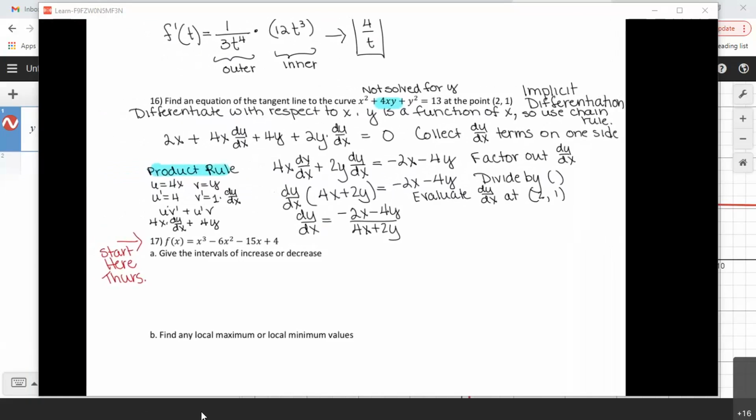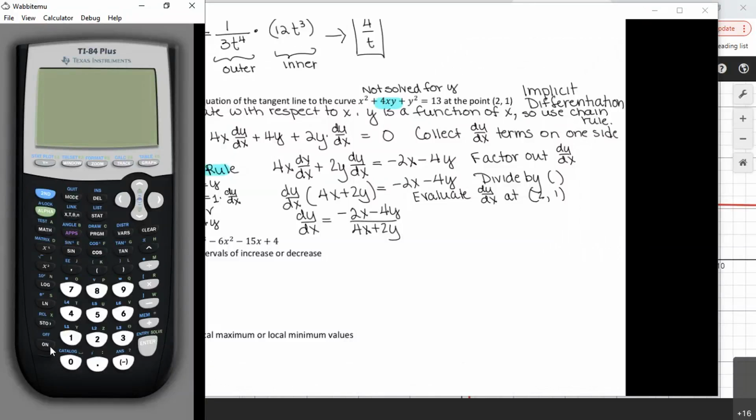I can bring up my TI-84 to do that real fast. Let me share that with you. I have a fraction, so I'm going to use my fraction template, so I don't need extra parentheses. I have minus 2, and then my x value is a 2. Minus 4, and my y value is a 1.